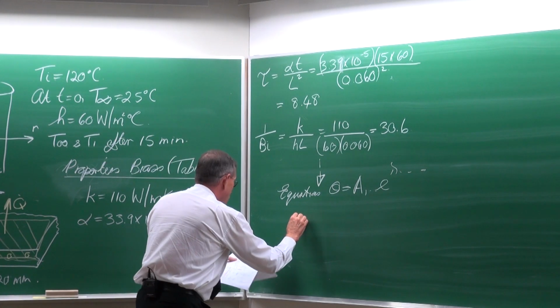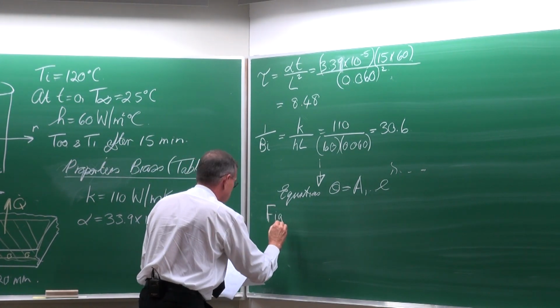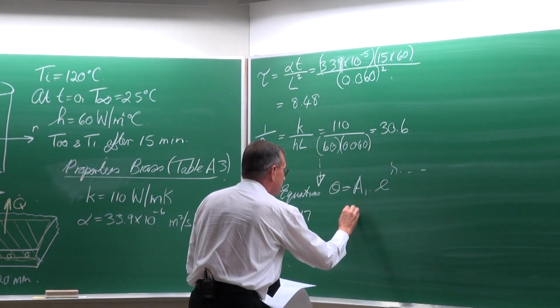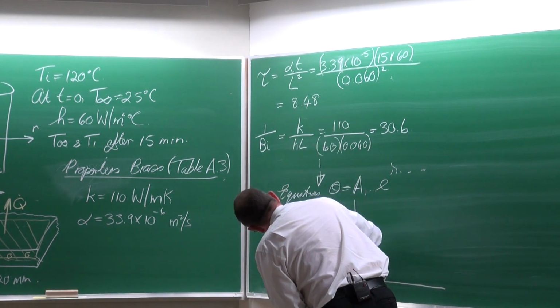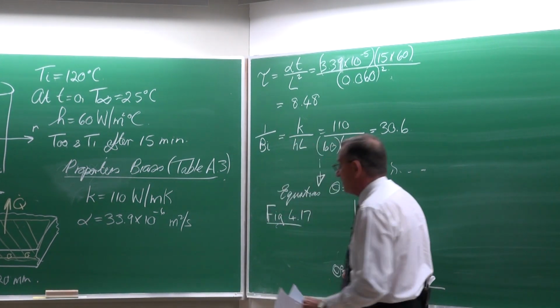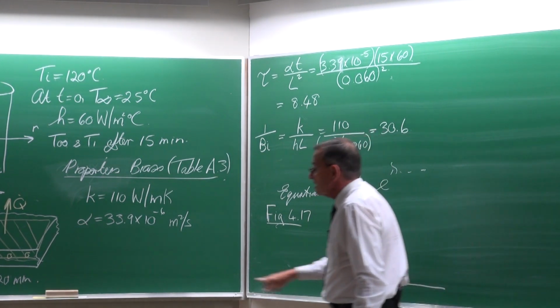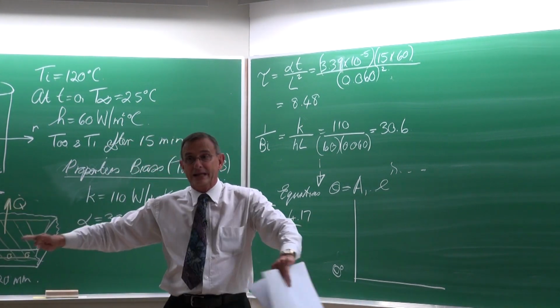Now, if you go and look typically in figure 14.7 in the Heisler charts, you will see why I've written it like that. On those charts, you will get here the non-dimensionalized temperature at the center, and that is what I'm using this 0 for. This 0 is on that plane. It's a long plane.